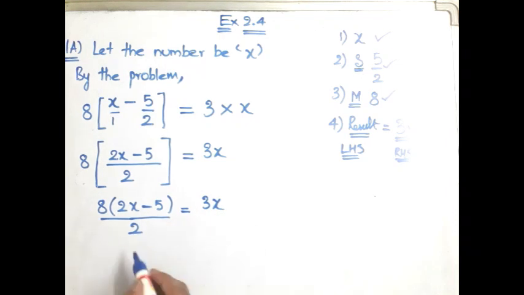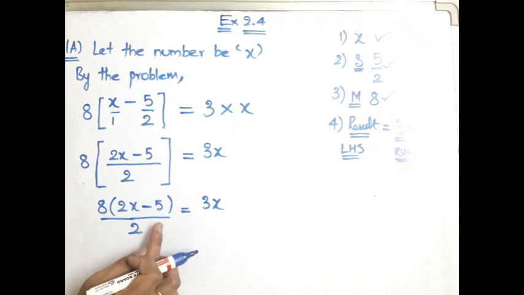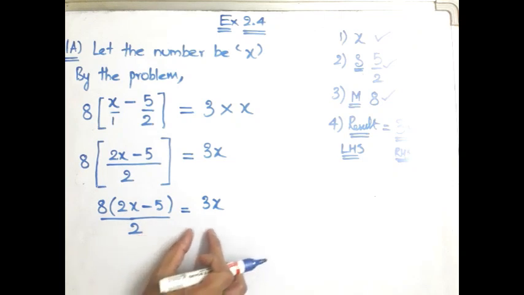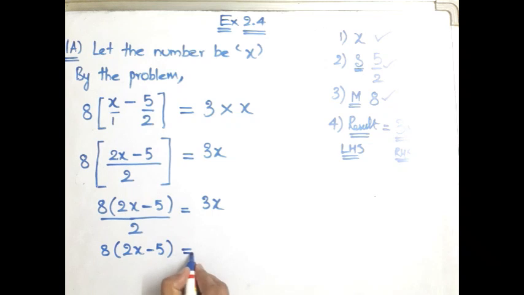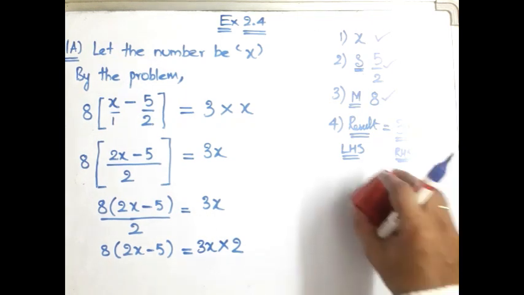If we observe carefully, this 2 is in division. If we transpose this 2 to the other side, it comes under multiplication. That means 8 into (2x minus 5) is equal to 2 into 3x, or 3x into 2. Okay, please follow carefully.